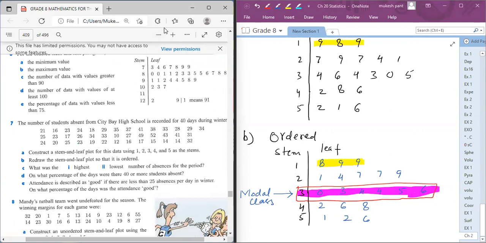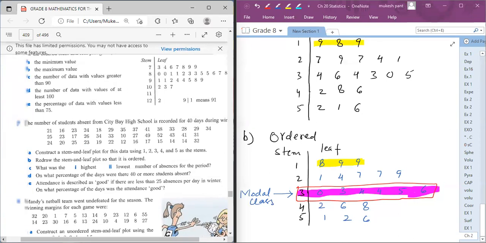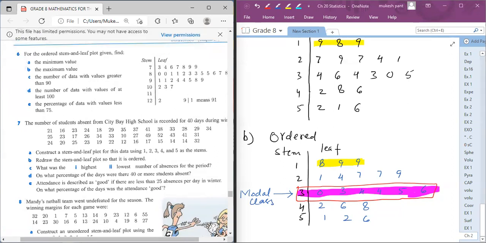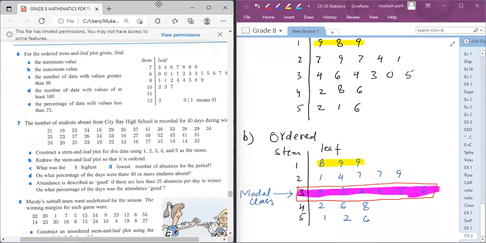Try this one and draw. Because it has many parts and is very important, we can discuss the answer afterwards. I'm giving you 5 minutes to draw both the unordered and then the ordered diagram.